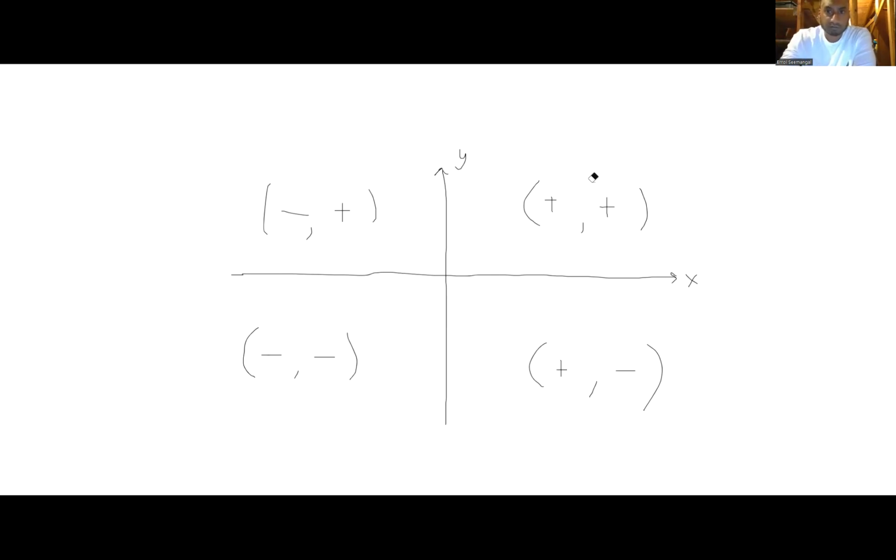And what quadrant is this one right here? 4. What quadrant is this one right here? 3. 2 and 1, right? Okay, good. Make sense? Yeah. All right, so now let me ask you about this.